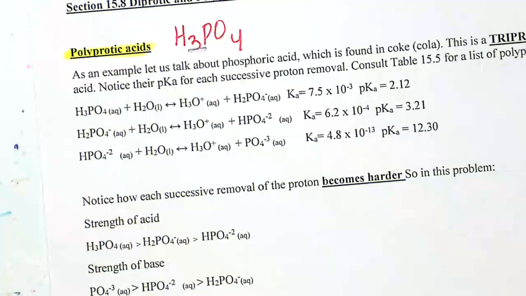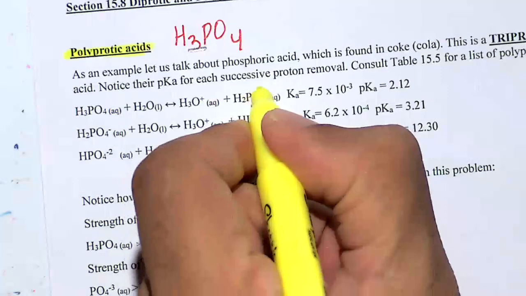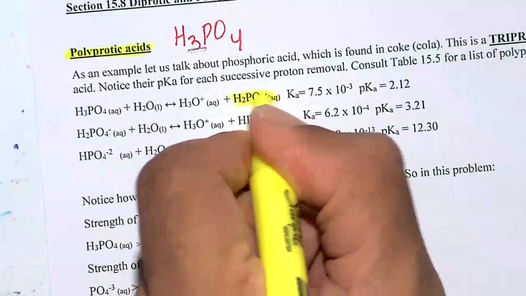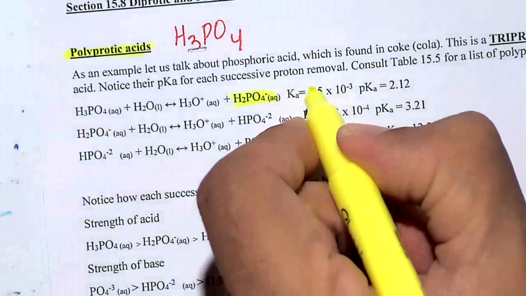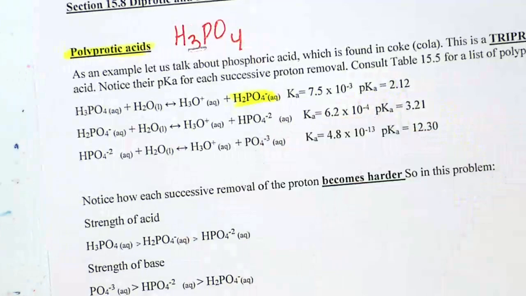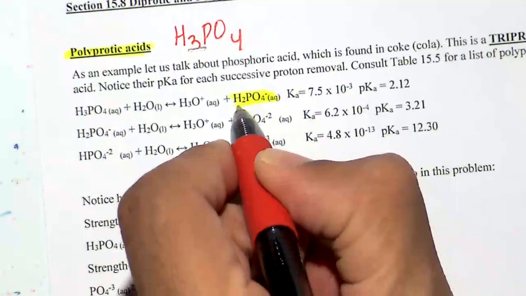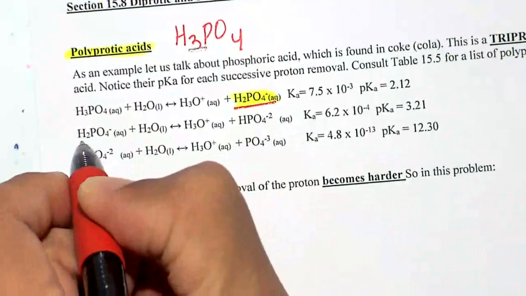All right, the first one, you can follow along with me. The first one gives you H3O plus, and then the conjugate. That one has a Ka of 7.5 times 10 to the minus 3, pKa of 2.12. Okay, that's good. But look, what do you notice about this H2PO4 minus?